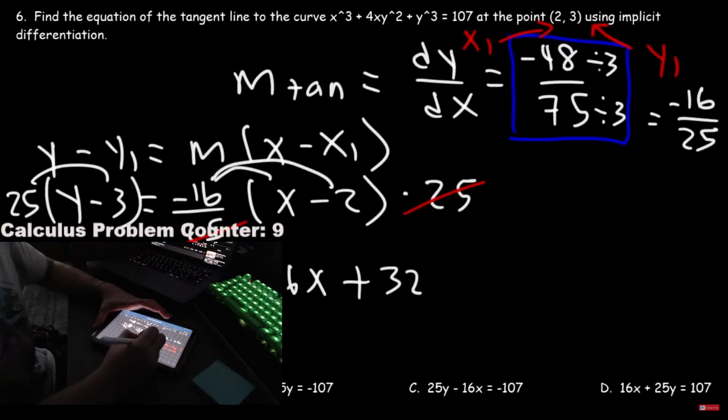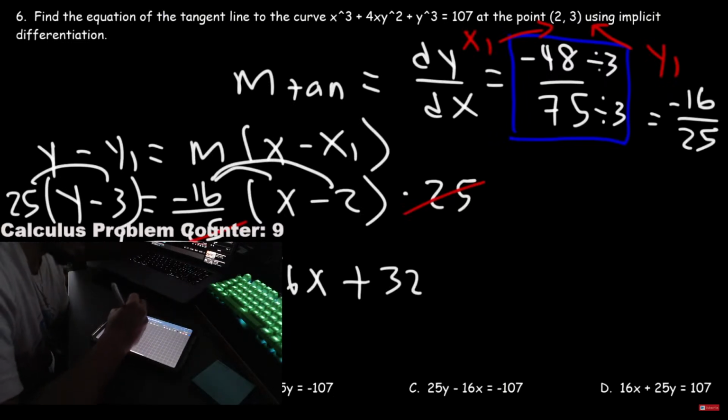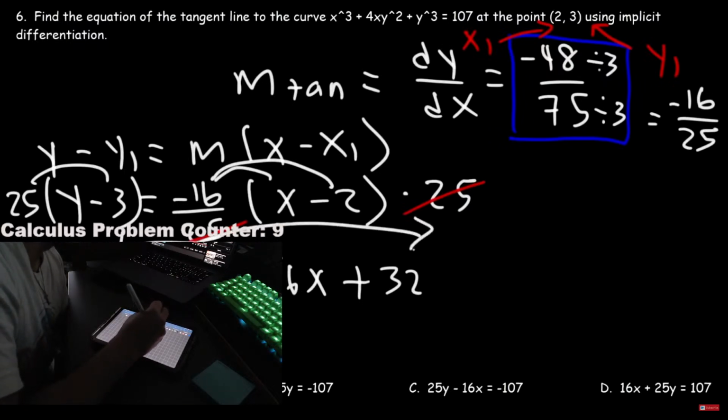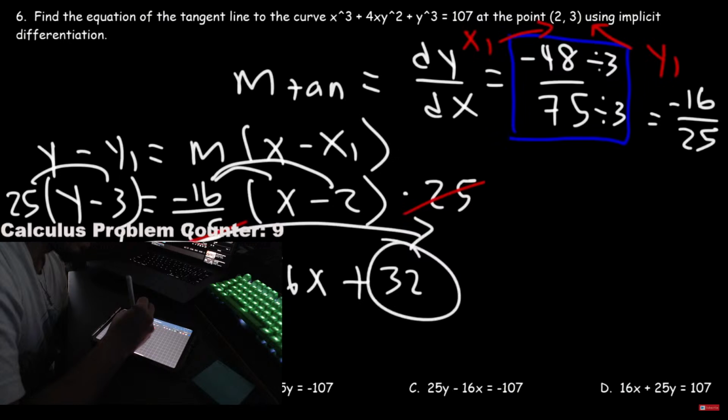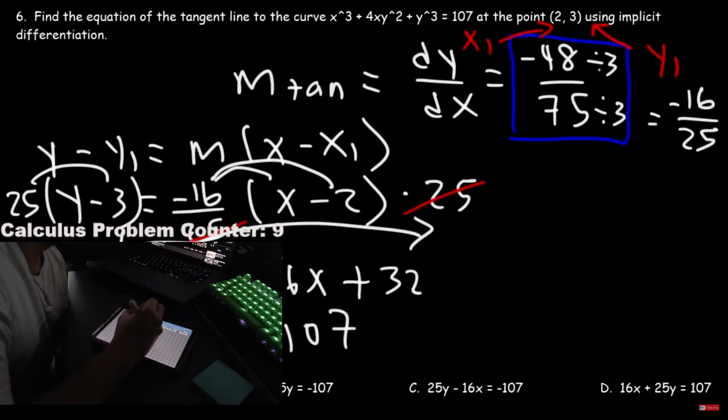Now let's rearrange what we have. I'm going to move the negative 16x from the right side to the left side. So on the left side, it's going to be positive 16x, and then we're going to have plus 25y. Now the negative 75, I'm going to move it to this side. On the right side, it's going to be positive 75. So 32 plus 75 is positive 107.